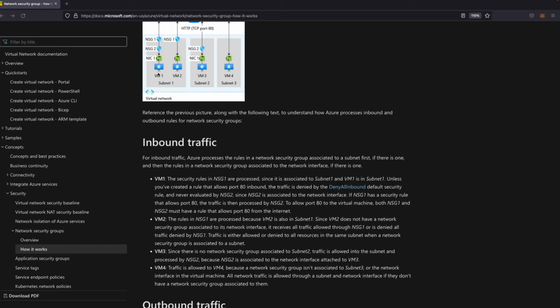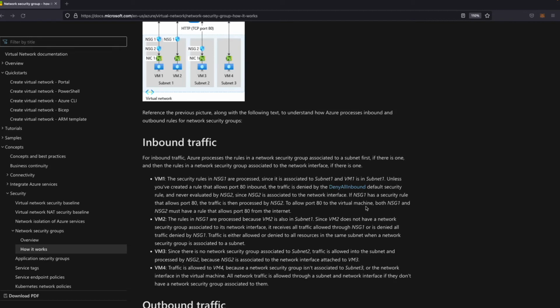So for VM1, the security rules in NSG1 are processed, and then the ones in NSG2. They present another situation. You can read it by yourself. I will not go through it because it's a detail, and most probably it will not show up in the exam, but you can go through it if you want to go deeper into the subject.